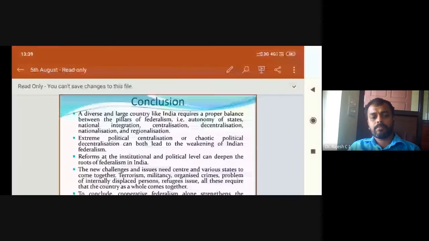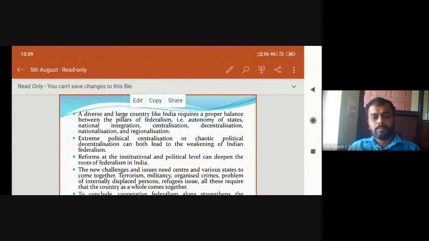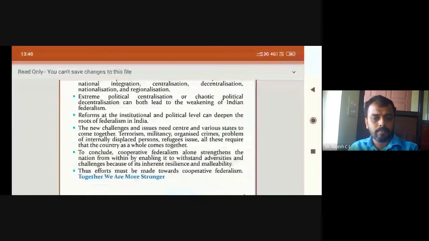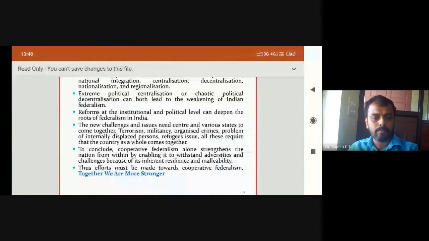Now, concluding this paper, a diverse and large country like India requires a proper balance between different pillars of federalism, like autonomy of states, national integration, centralization, decentralization, nationalization, regionalization, etc. Extreme political centralization or chaotic political decentralization can both lead to weakening of Indian federalism, and can also have an impact on cooperative federalism.